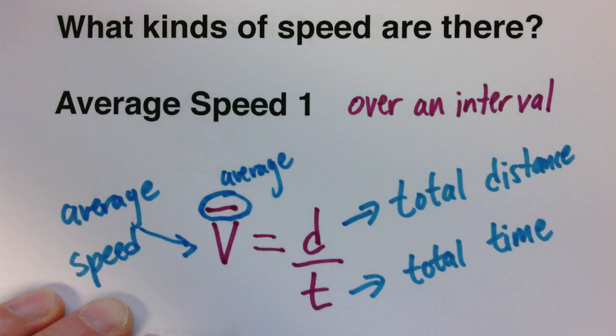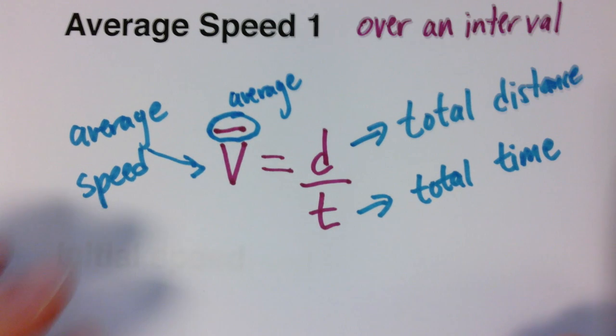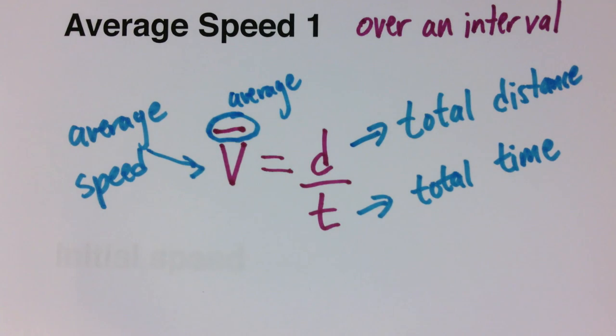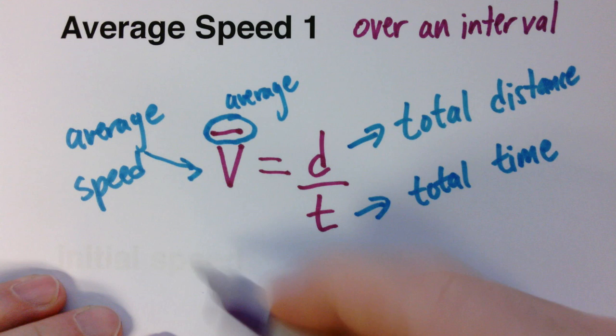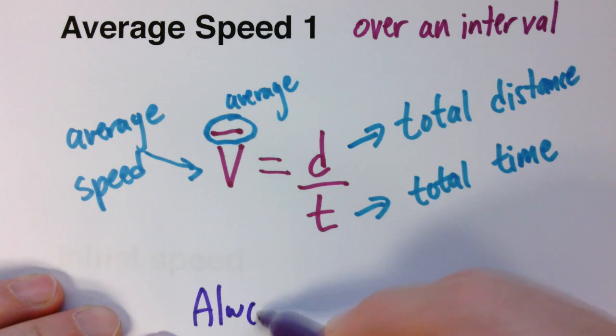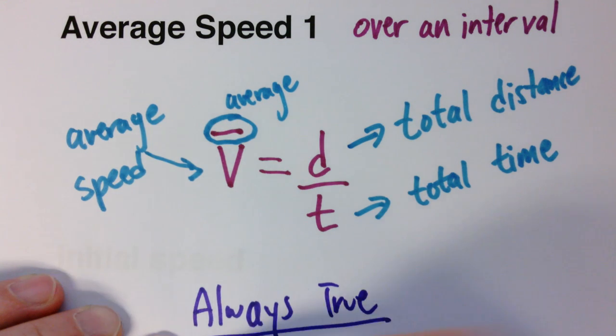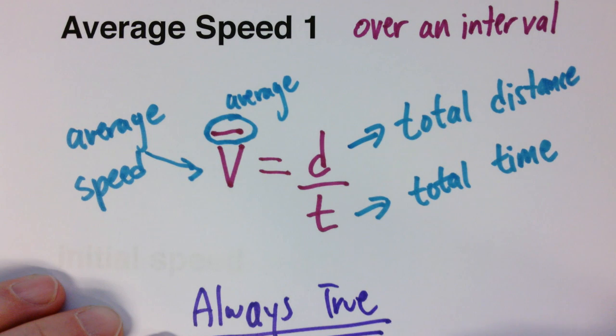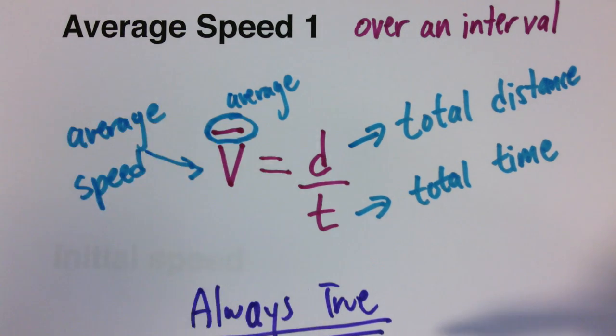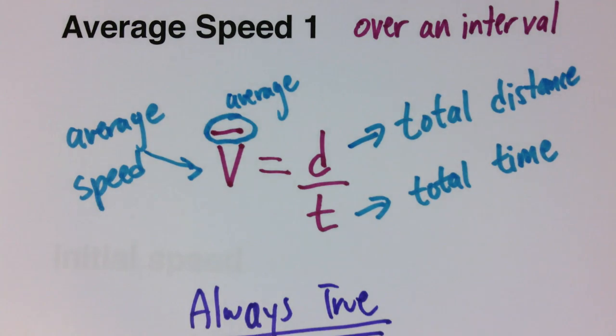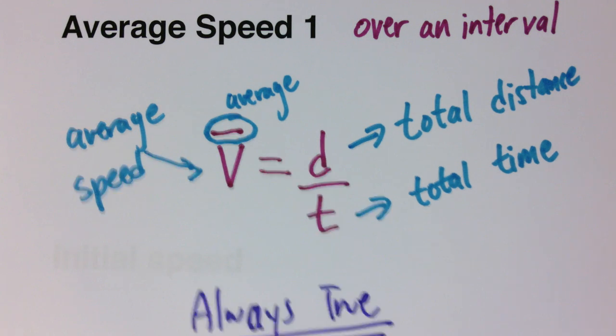And this is a very important equation. It's one of the most powerful ones in all of physics, because over an interval, this equation is always true. So that's the first kind of speed, the average speed. In general, the average speed is the total distance over the total time for a given interval.